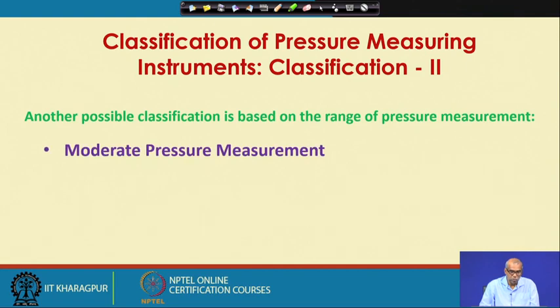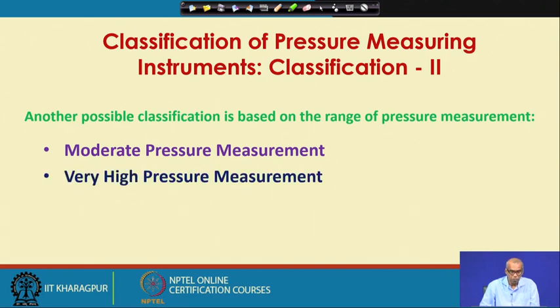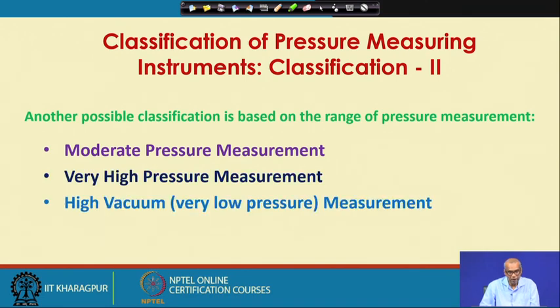So, we can classify all pressure measuring instruments into three categories: instruments for measurement of moderate pressure, instruments for measurement of very high pressure, and instruments for measurement of high vacuum or very low pressures.